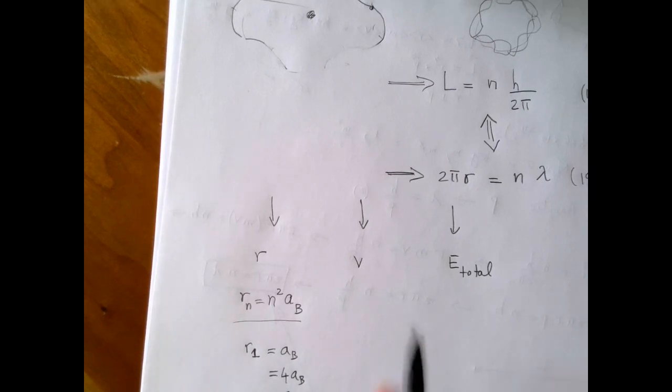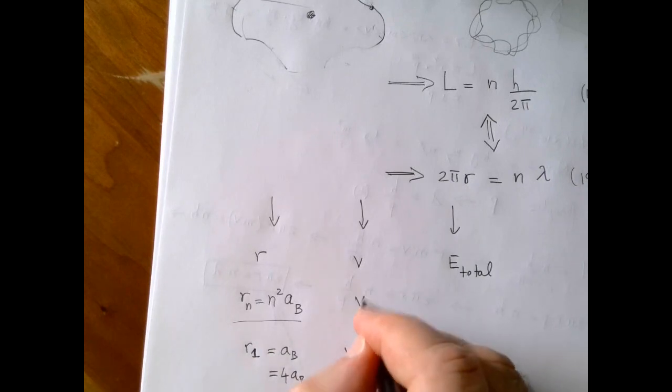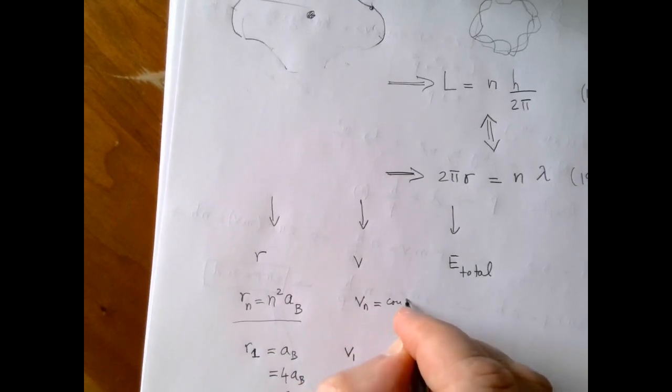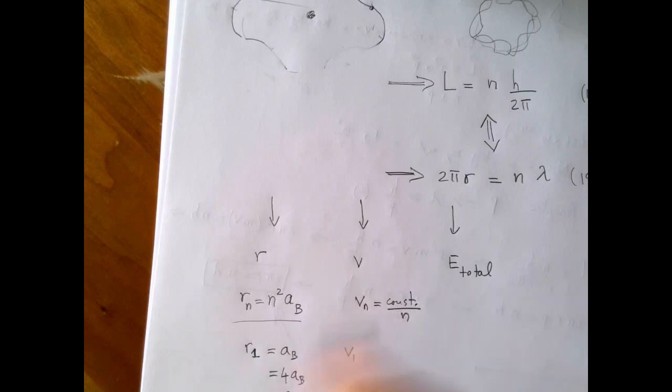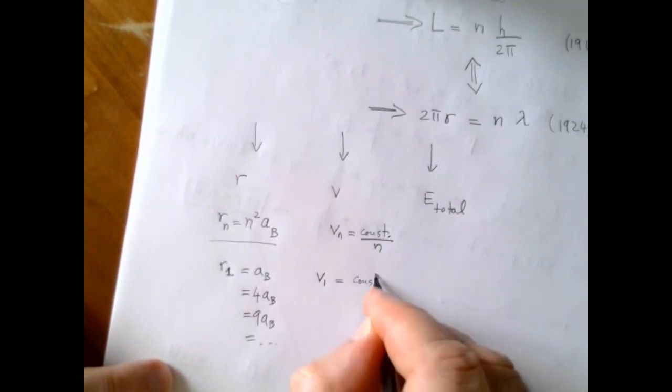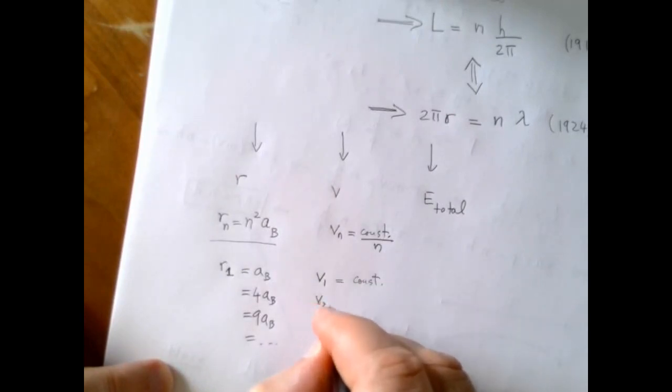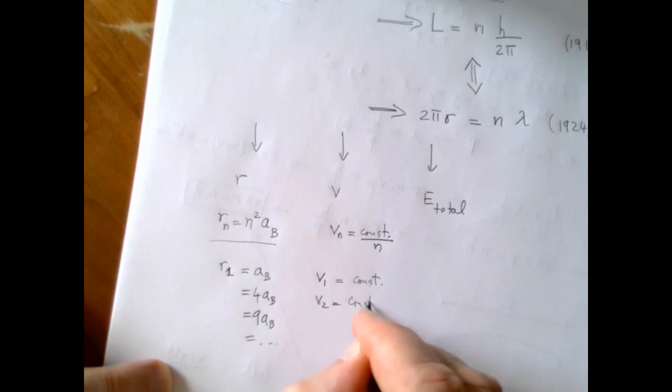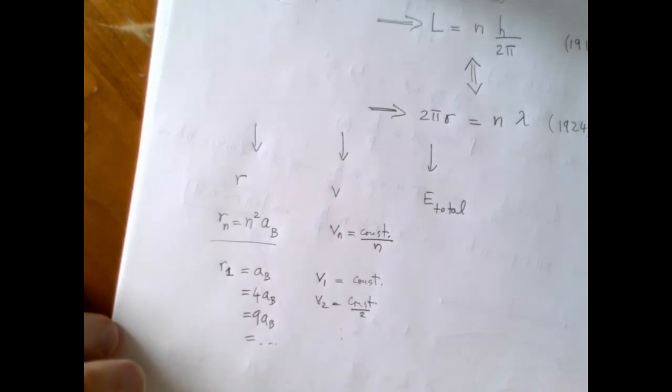We will see that the speed of the electron can take only values of a constant divided by n. So in other words, the speed of the electron can only be a constant, whatever that constant will be, and half of that, and so on.